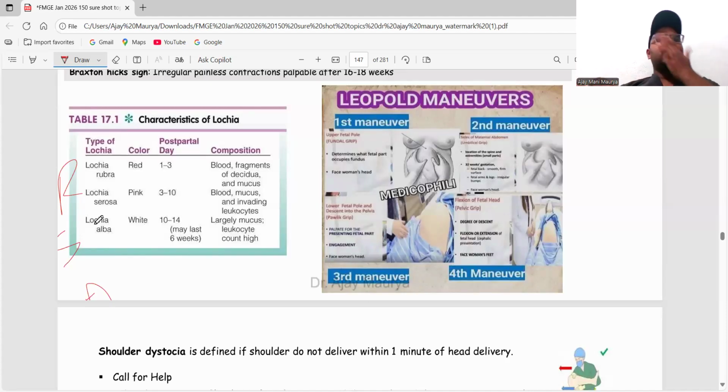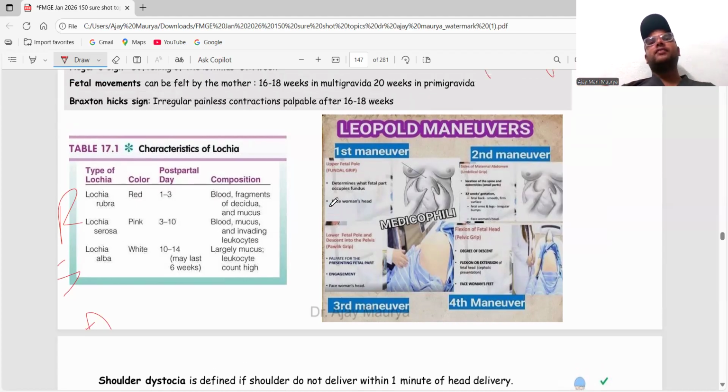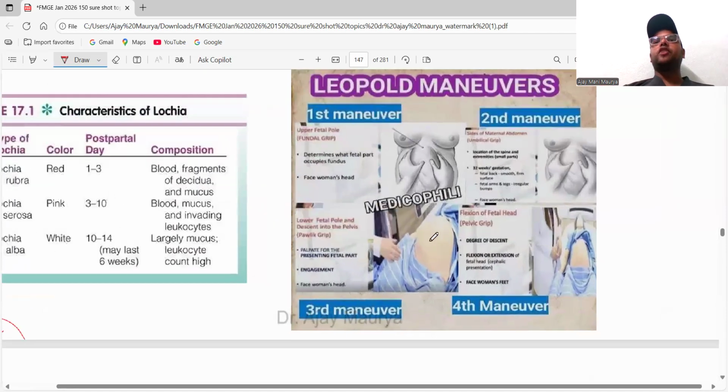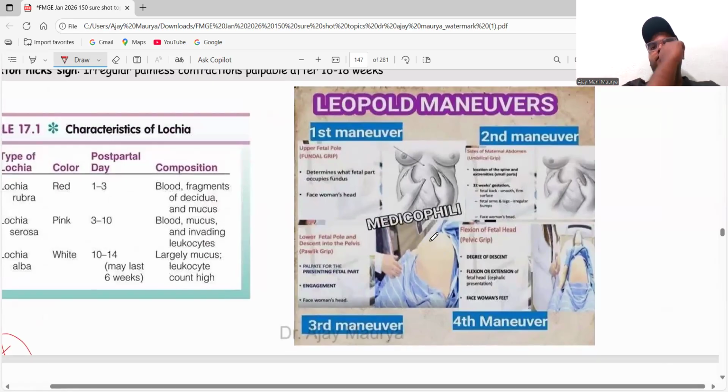Now, what is the color and what is the composition? You have to remember. This is the Leopold maneuver: first maneuver, second maneuver, third and fourth maneuver. Everything is documented here. While doing the fourth maneuver, that is the pelvic grip, you have to face the patient's feet.